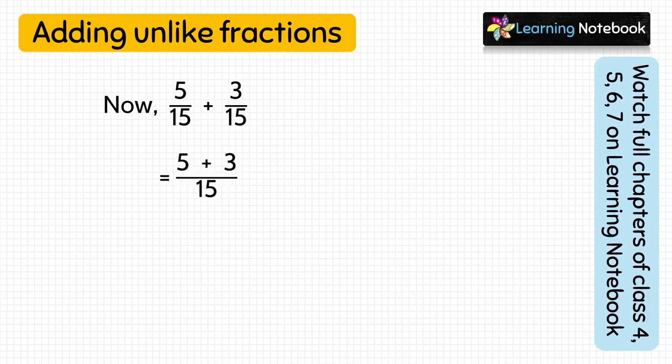We get 5 plus 3 upon 15, which equals 8 by 15. Now students, as we can see, both numerator and denominator have no common factor. So this means this fraction 8 by 15 is in its simplest form. So this is our answer.